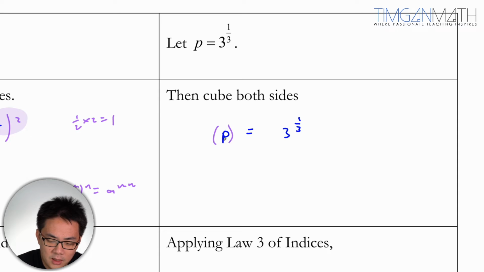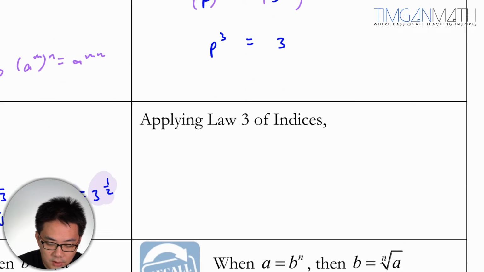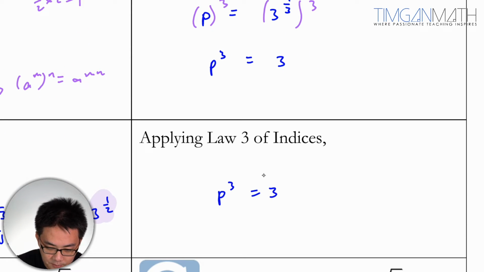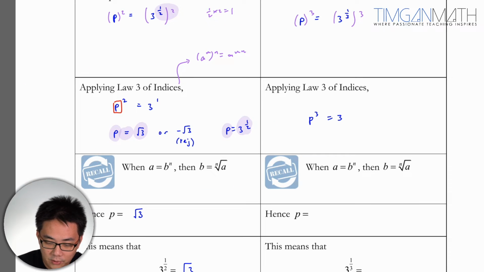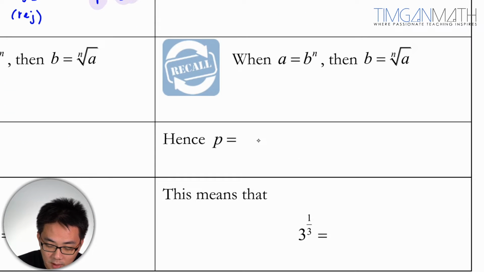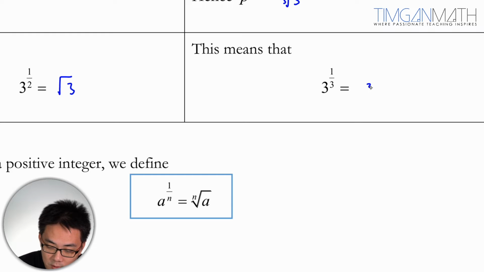So P to the power of 3 will be equal to 3 times 1, by applying the law of indices. Hence P would just be the cubic root of 3. Because P is equal to 3 to the power 1/3, 3 to the power 1/3 equals the cubic root of 3.